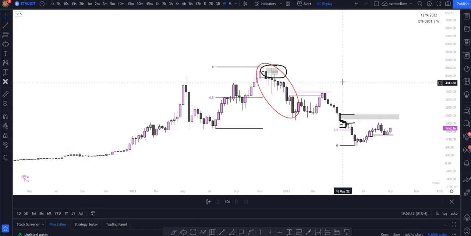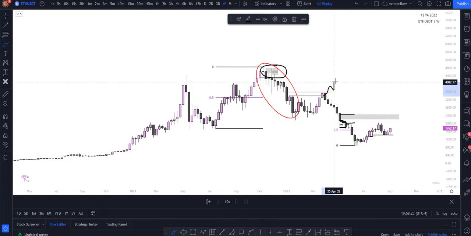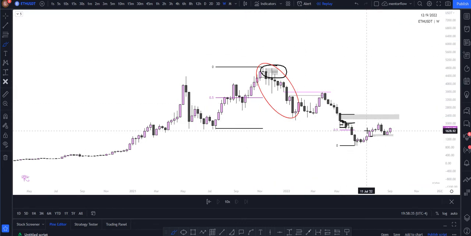So if we do not come up to these areas of supply, mitigate them, and then break them, and then start to pull back, and then break structure and confirm, we can see that overall move to the upside and that overall continuation. If we don't break that structure point to the upside, instead we just take out all the shorts, raid all the shorts.